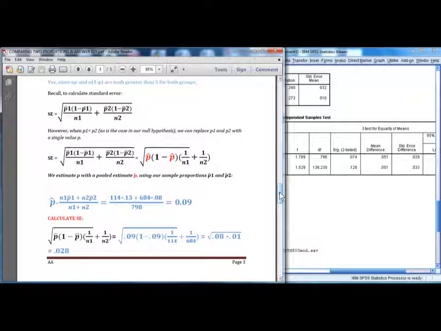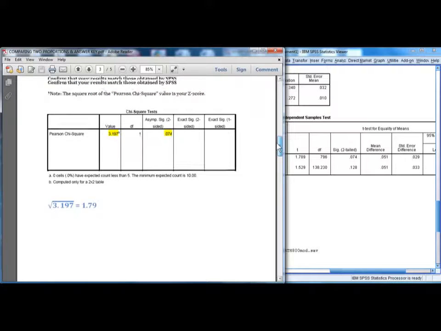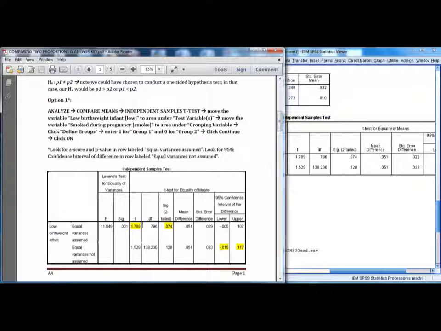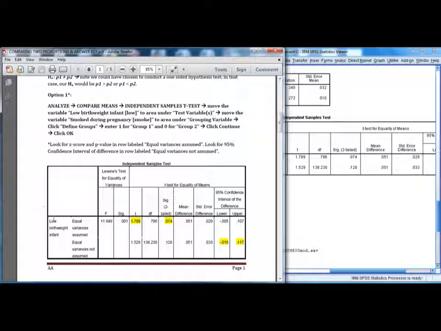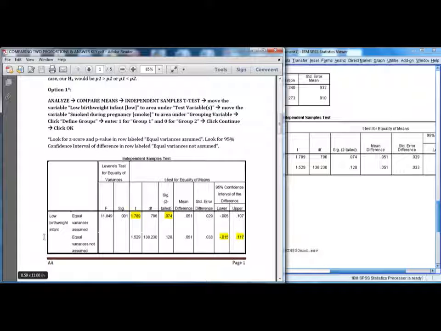The other thing to notice is the standard error will be calculated differently next when we construct a 95% confidence interval. Remember, that's why when we look in our output, we look in different rows depending on whether or not we're conducting a hypothesis test. If we're conducting a hypothesis test, we look in the row equal variance is assumed for our z-score and our p-value. If we are interested in a confidence interval, we look in our row equal variance is not assumed to get our confidence interval.